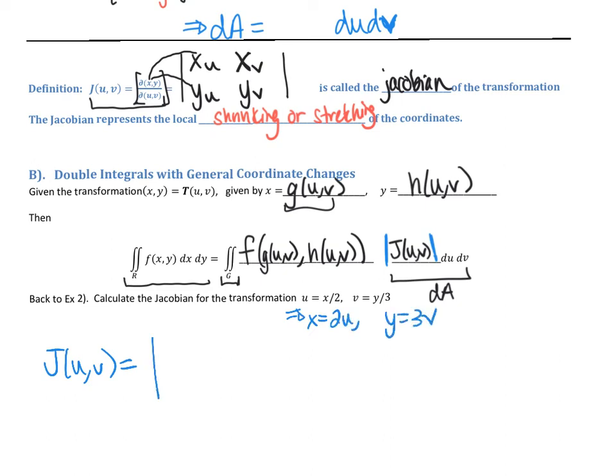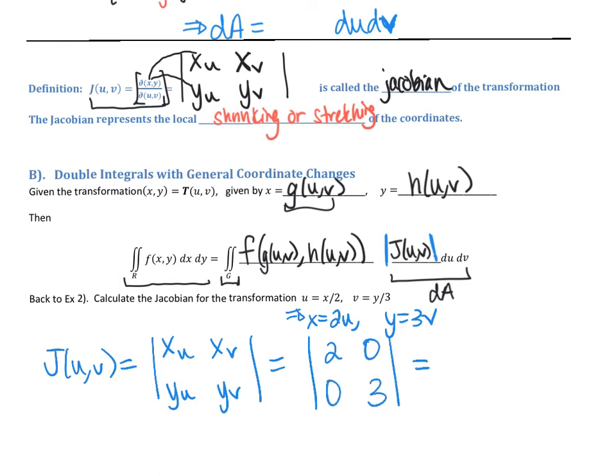So the Jacobian is going to be this determinant. Okay, so let's take each of these things. Partial of x with respect to u is just 2. Partial of x with respect to v is just 0. Partial of y with respect to u is 0. Partial of y with respect to v is 3. And so I'm getting 6 minus 0, which is 6.